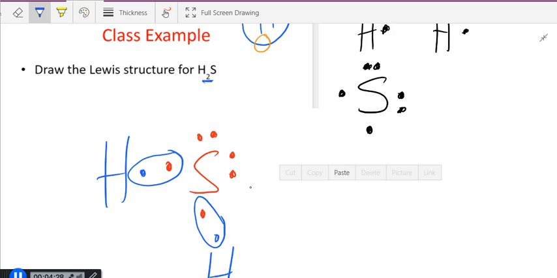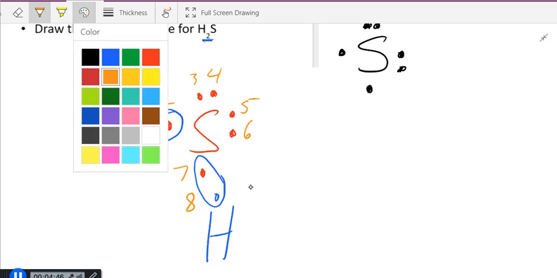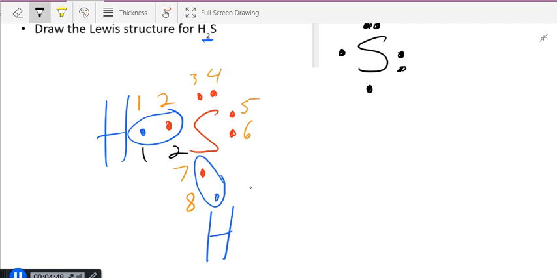So when they share, that is what the covalent bond looks like. And to be sure that sulfur has all of the electrons it needs, I can count them up. 1, 2, 3, 4, 5, 6, 7, 8. So sulfur is satisfied. I can also count the ones for hydrogen. 1, 2, 1, 2. So they're both satisfied.